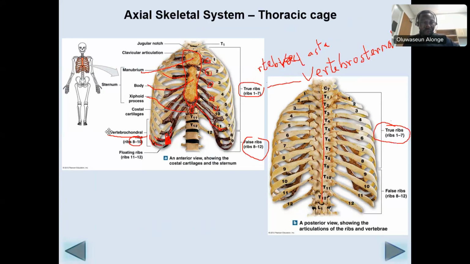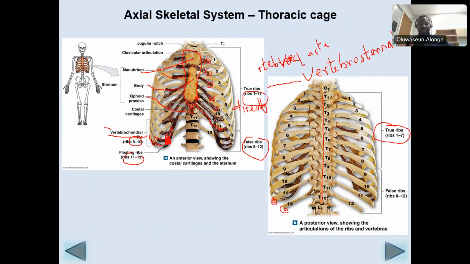So ribs 1 to 7 are connected directly. The key thing, why they are true ribs, is because they are connected directly to the sternum. Ribs 8 to 10 are connected indirectly to the sternum. But ribs 11 to 12 are not connected at all. You can see them here, they are floating. Rib 11 is not connected to anything, rib 12 is not connected to anything.